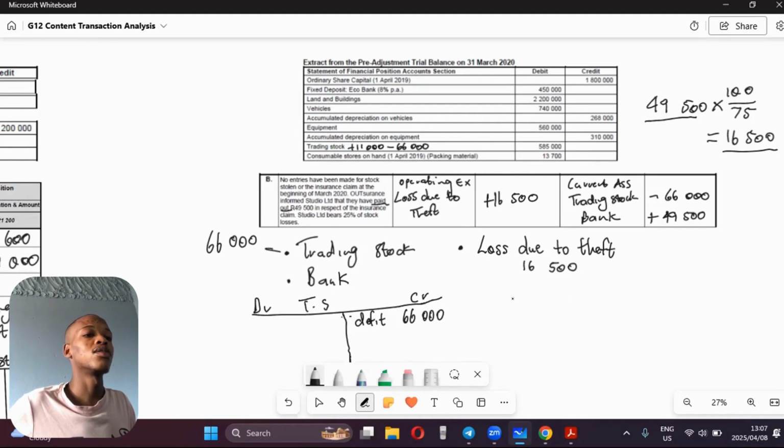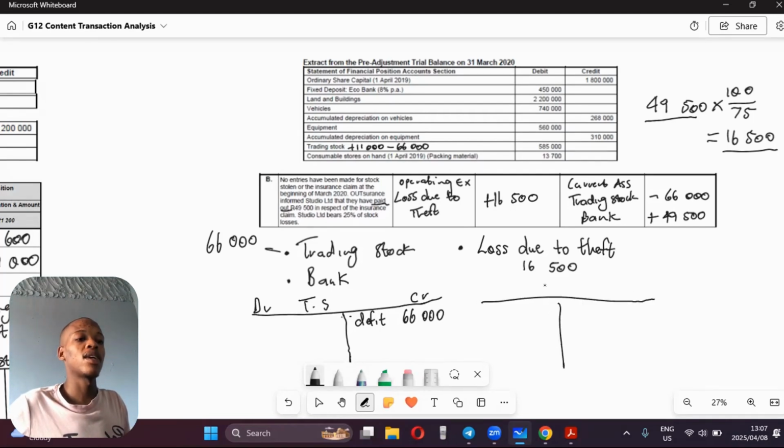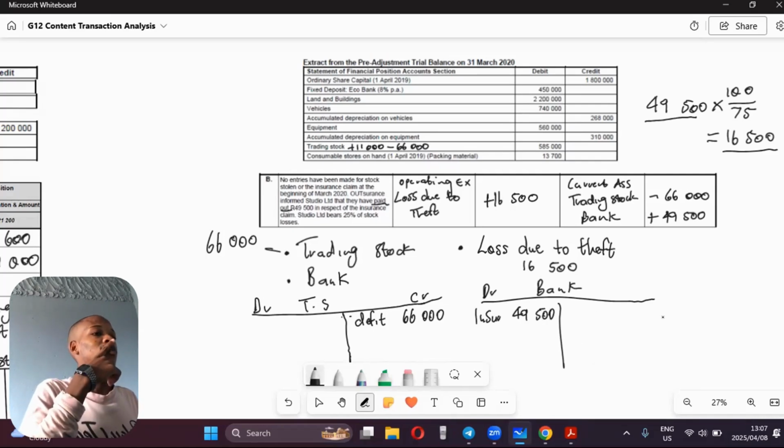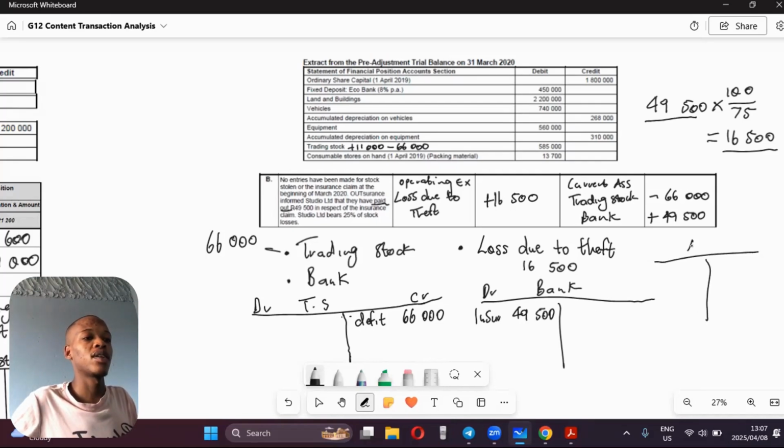Okay, and then let me go and check on something. Oh, bank is going to be debited by how much? Remember, they paid 49,500. Insurance is paying 49,500. And then what else? Trading stock. Loss due to theft. Remember, loss due to theft, LDT.